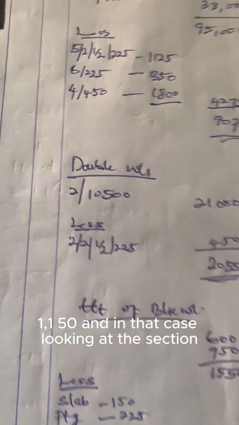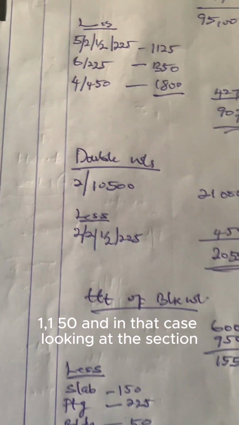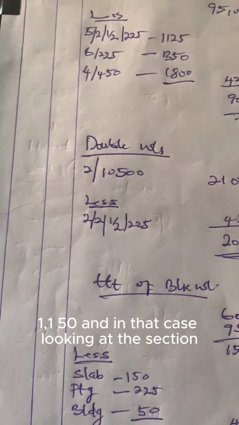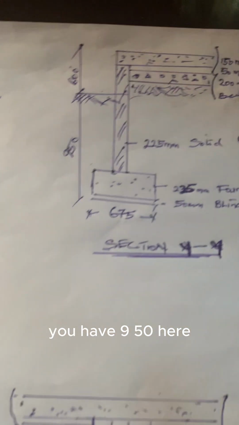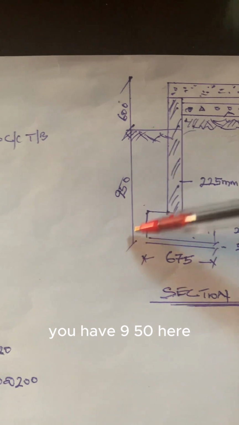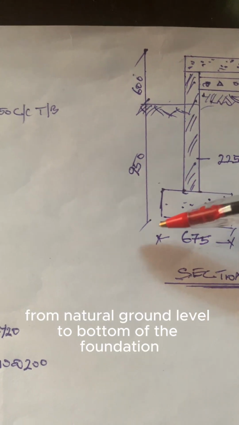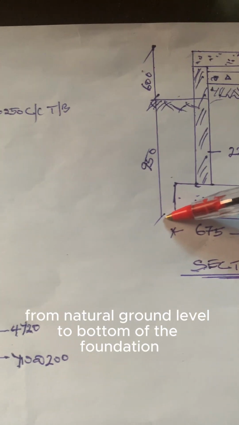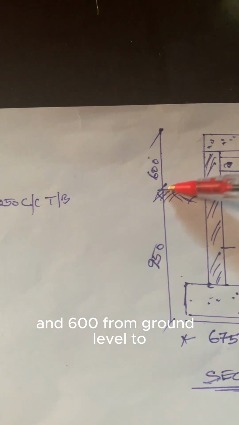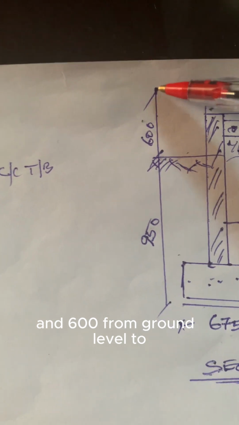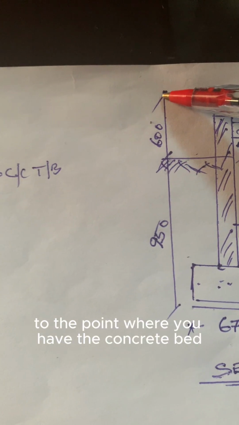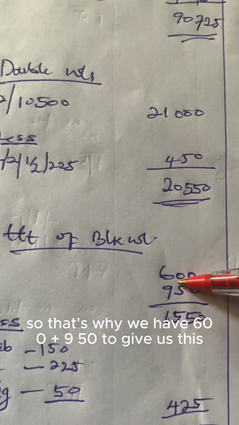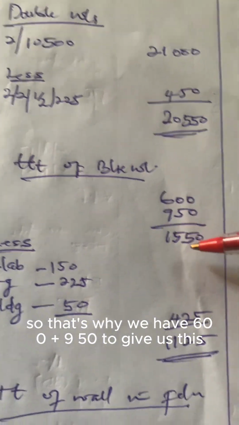In that case, looking at the section, you have 950 here from natural ground level to bottom of the foundation, and 600 from natural ground level to the point where you have the concrete bed. So that's why we have 600 plus 950 to give us this.